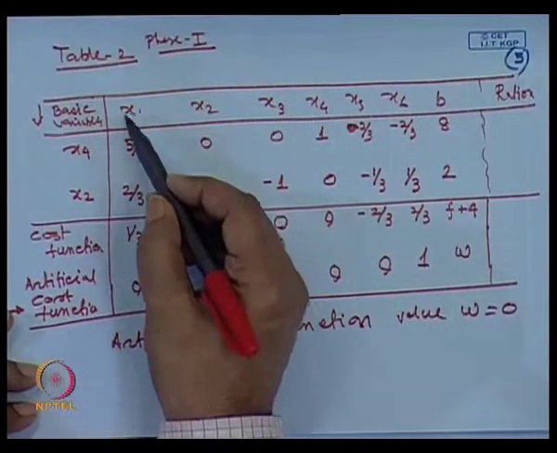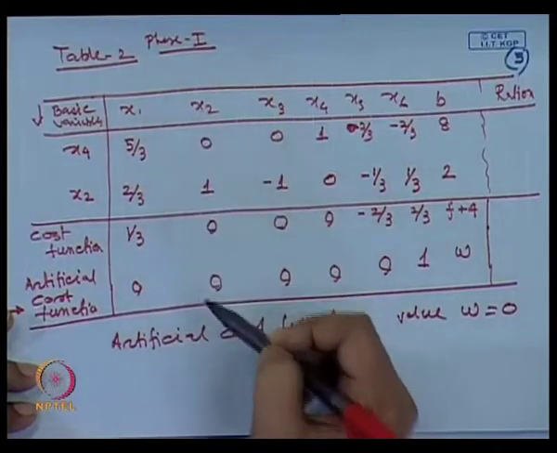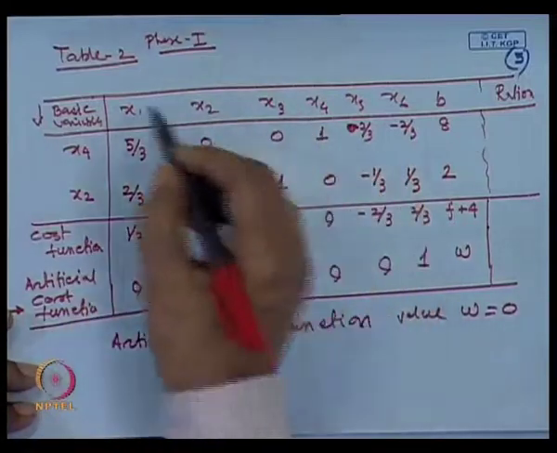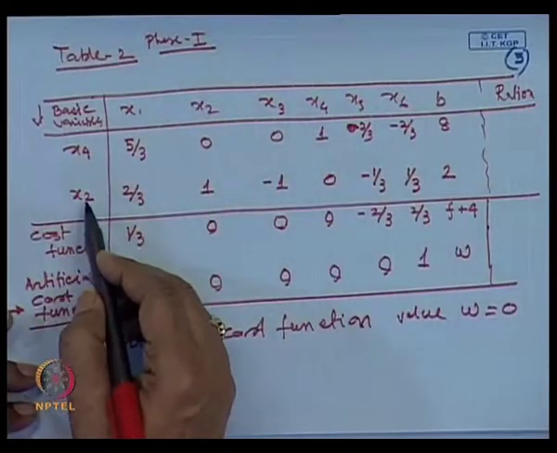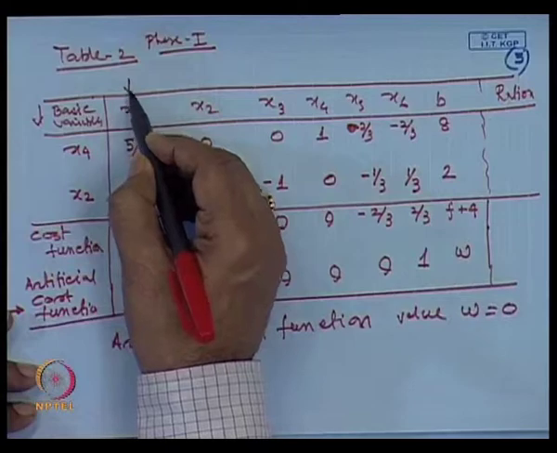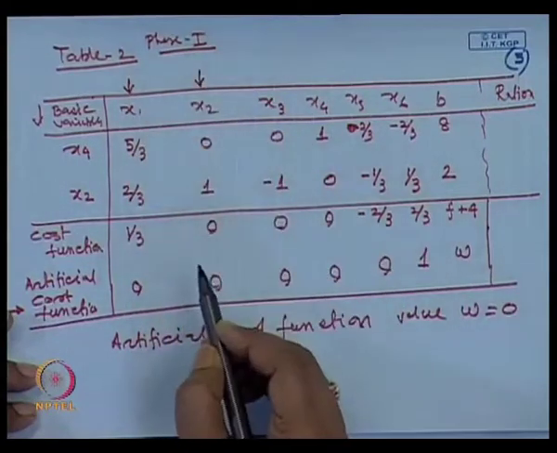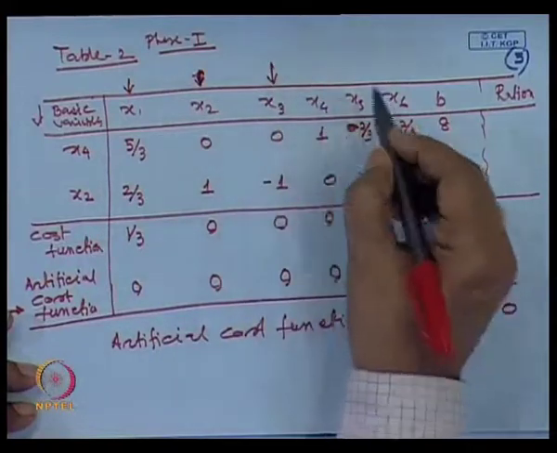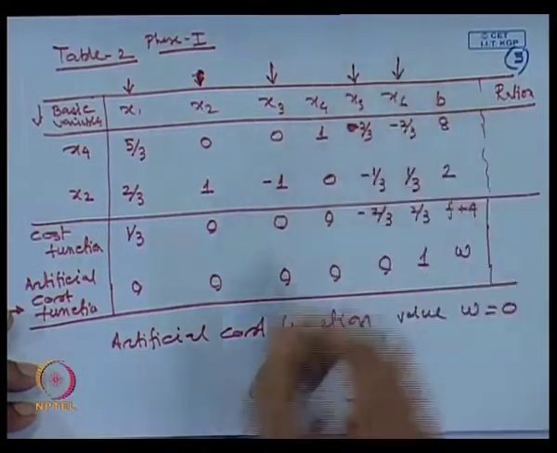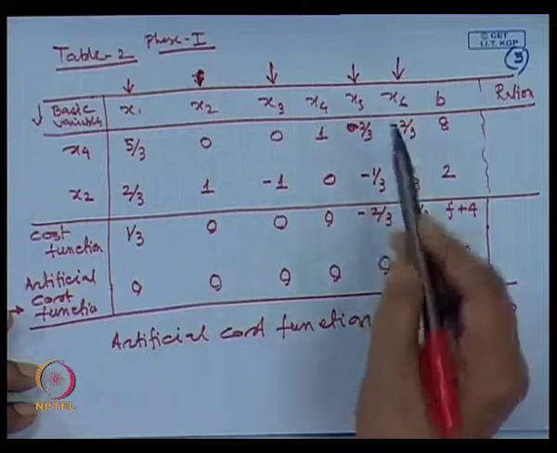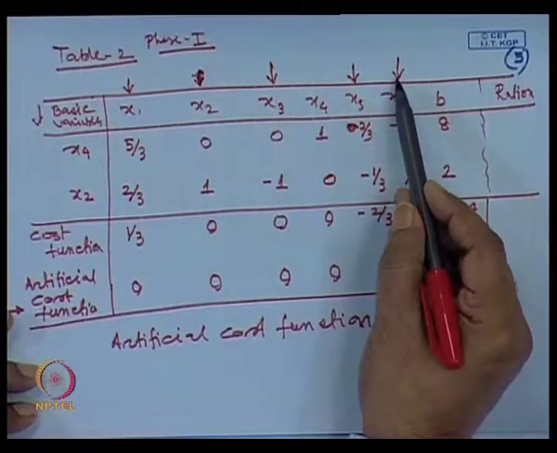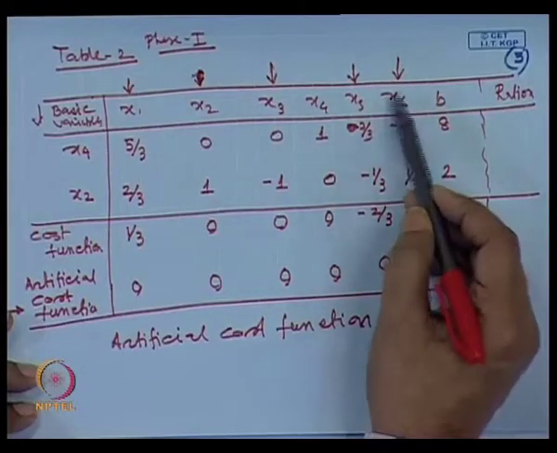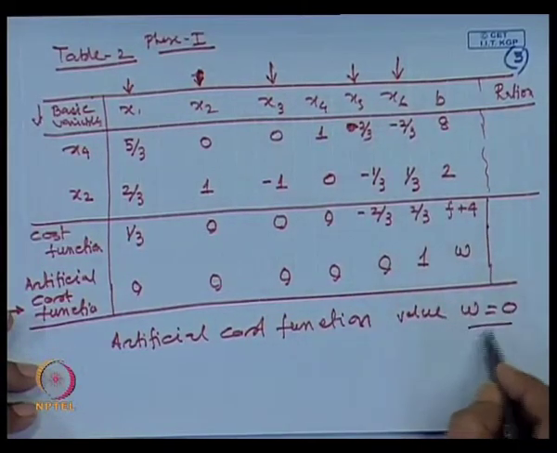How? x1 into 0, plus x2 into 0, x3 into 0. Our basic variables are x4 and x2, others are non-basic variables: x1, x3, x5 and x6. So x6 is the non-basic variable, meaning x6 is 0. So W is equal to 0, we got it.